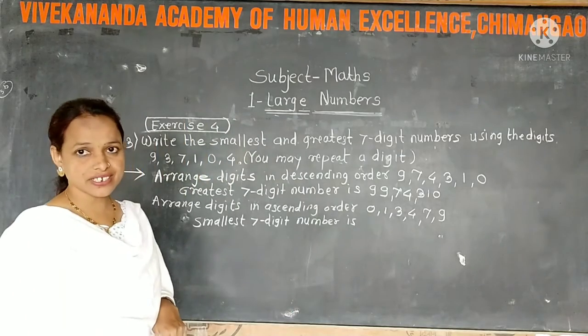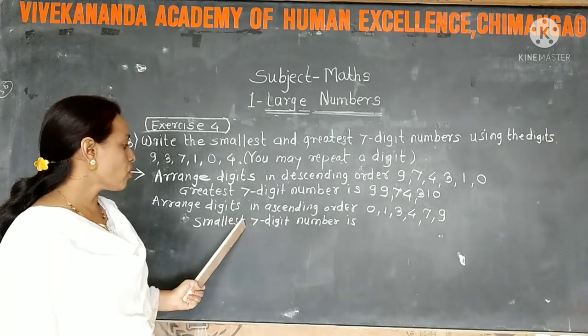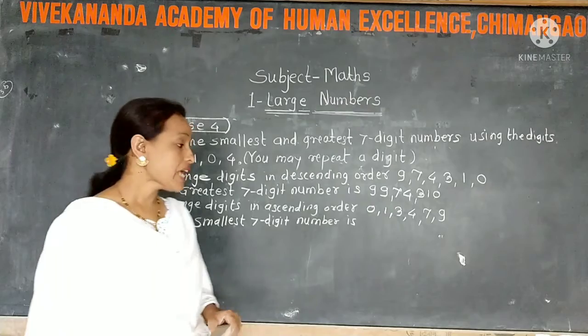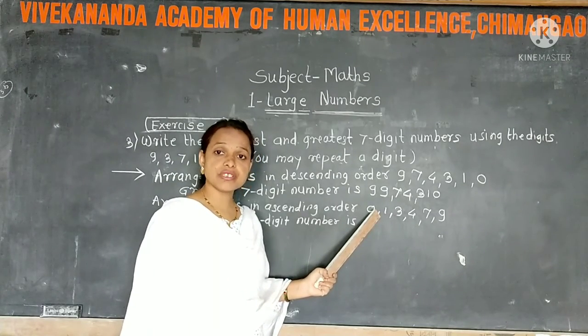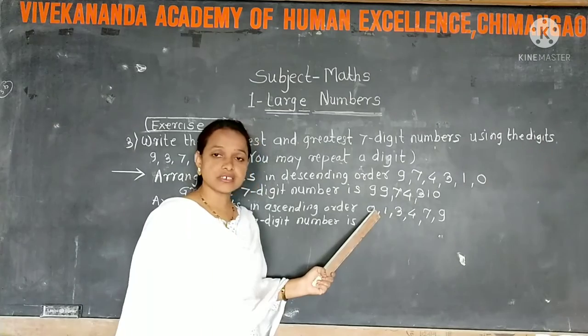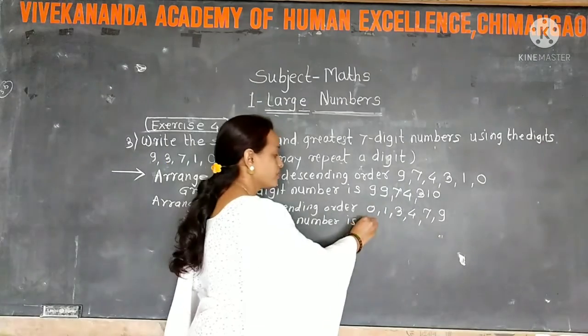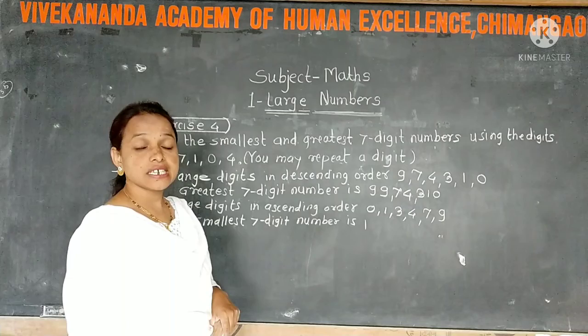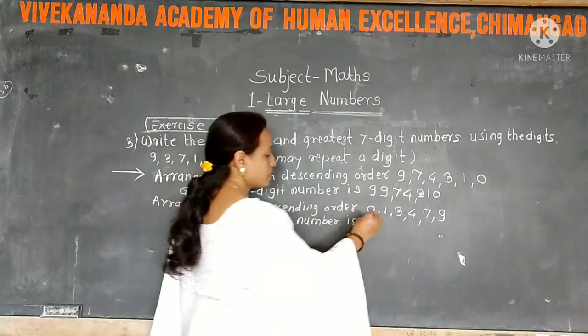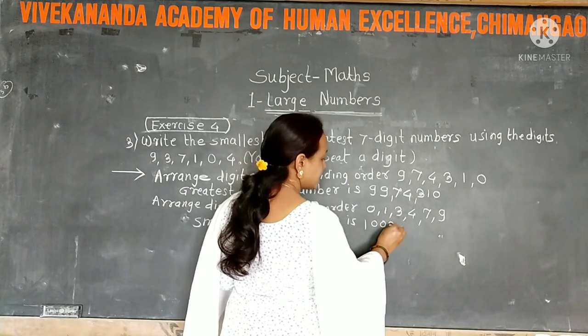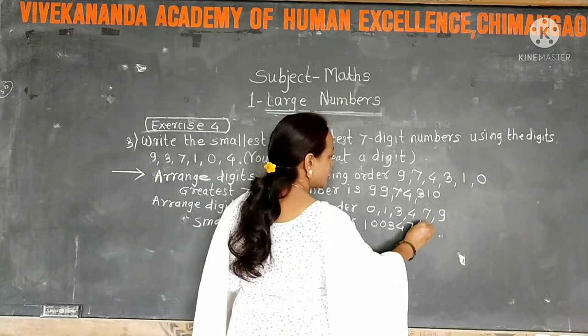Now here 6 digits are given and we have to form a smallest 7-digit number. As we have smallest digit is 0, we never start any number with 0. So we start with the digit 1 and we repeat digit 0 because 0 is the smallest digit among these 6 digits. So we repeat here digit 0, then 3, 4, 7, 9.